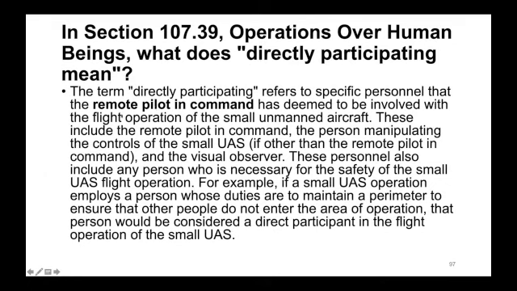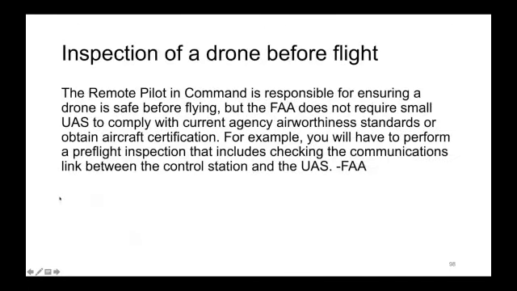Directly participating, I think we talked about that. The term directly participating comes back to your visual observer here and your unmanned aircraft pilot or remote pilot. The remote pilot, RPIC, remote pilot in command, is always responsible for ensuring the drone is safe before flying. Now, you can have a visual observer say, hey, would you mind checking the props and make sure everything's good?